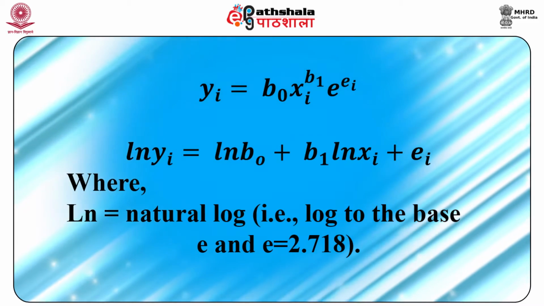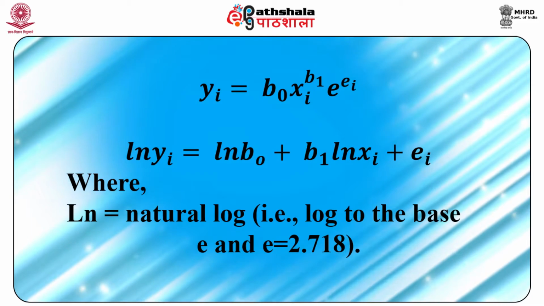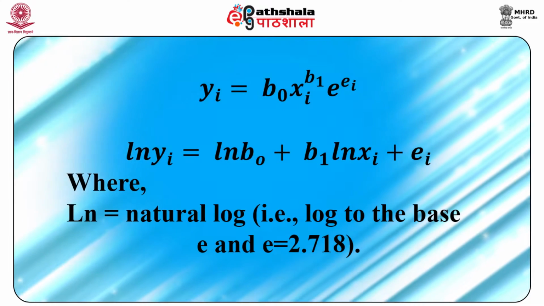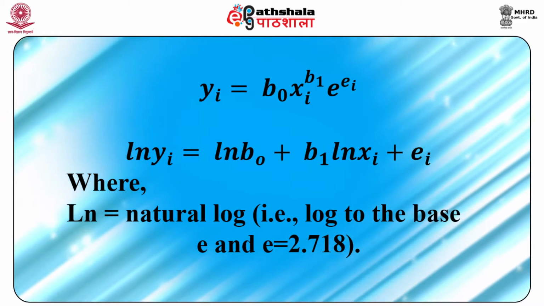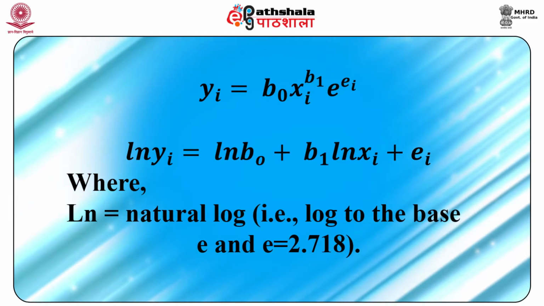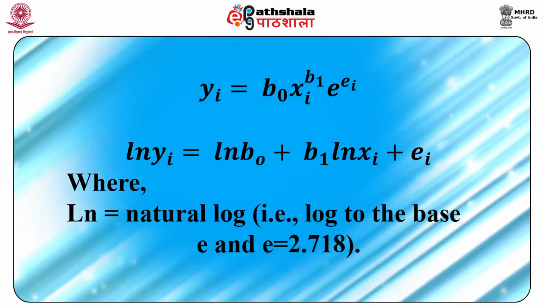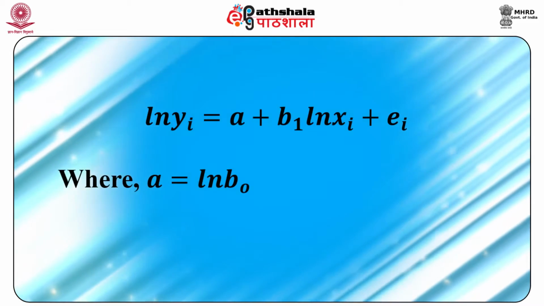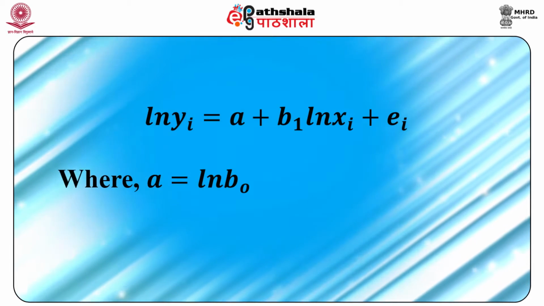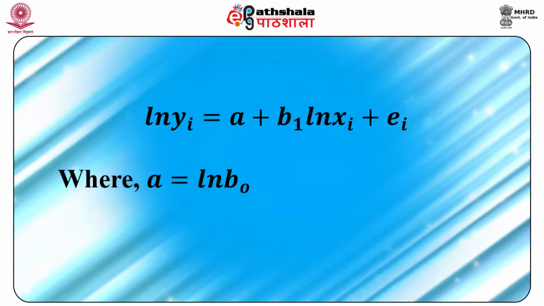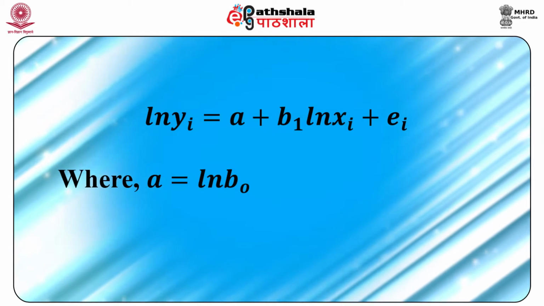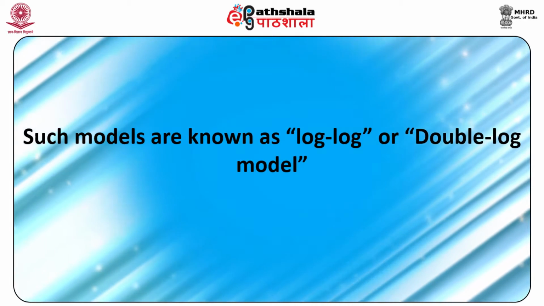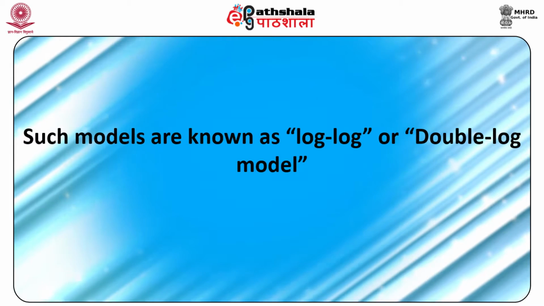Now this can be written alternatively as ln yi is equal to ln b0 plus b1 into ln xi plus ei, where, as I mentioned earlier, ln is natural log, which means it is log to the base e, and e is equal to 2.718. We rewrite the above equation as ln yi is equal to a plus b1 ln xi plus ei, where a is equal to ln b0, and such models are known as log-log or double log models.